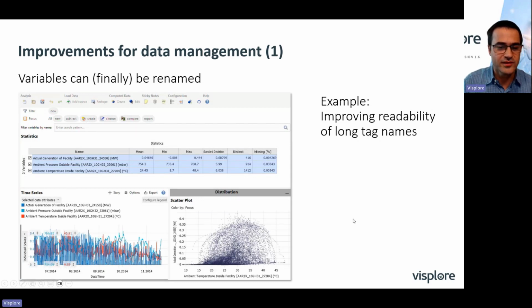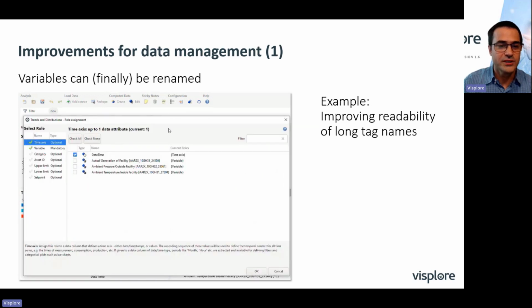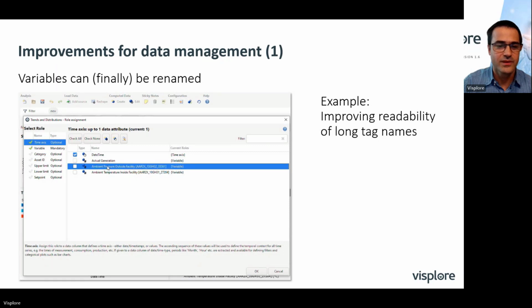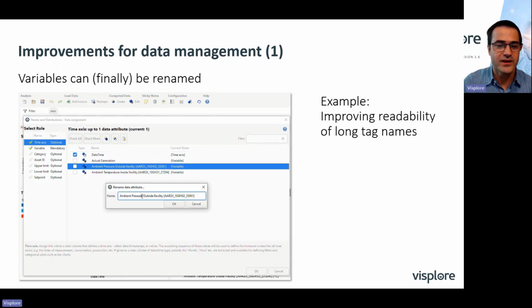So here in this image, we see quite long variable names. And what we can do is we can switch to this dialog, and here we can just rename them to give them shorter names. And do this with the other variables as well.